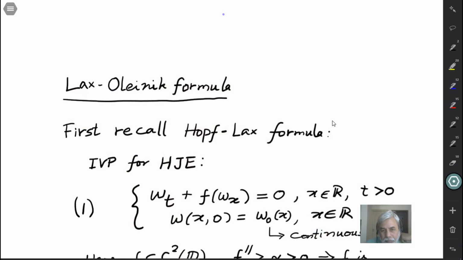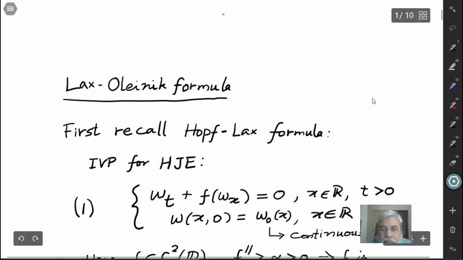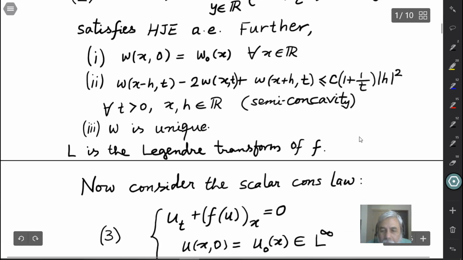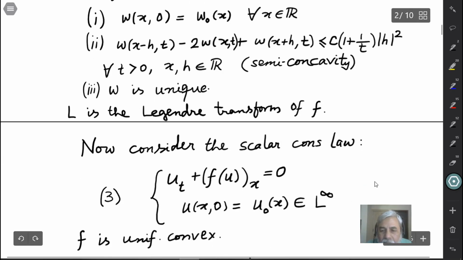Recall that in the previous class we discussed some special solutions of a conservation law, namely the rarefaction waves and shock waves, and these are solutions to an initial value problem called Riemann's problem.